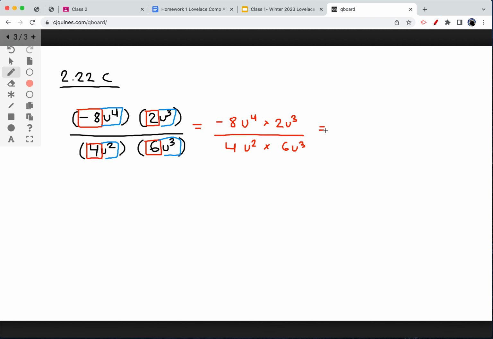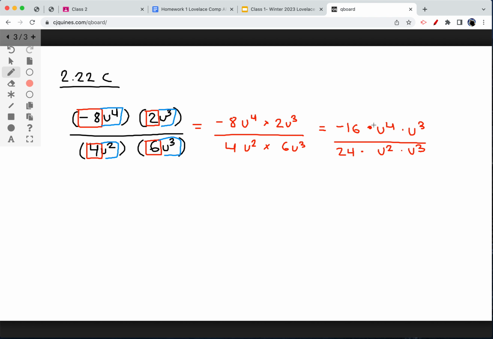And we know that this is equal to minus 16 times u to the power 4 times u to the power 3 over 24 times u squared times u cubed.